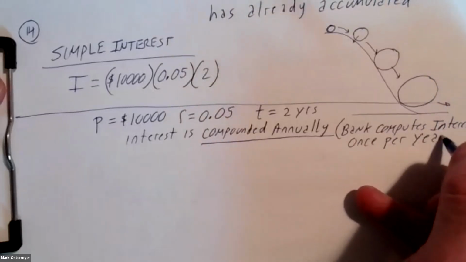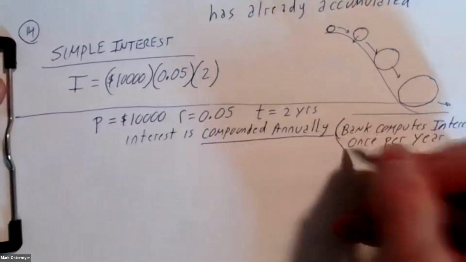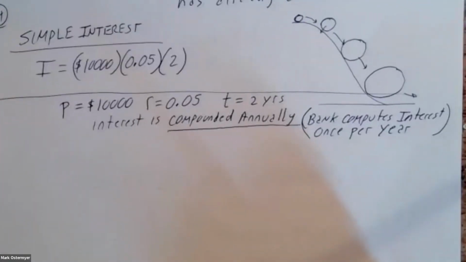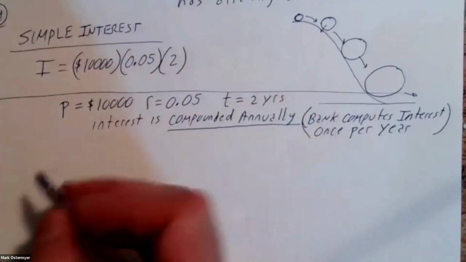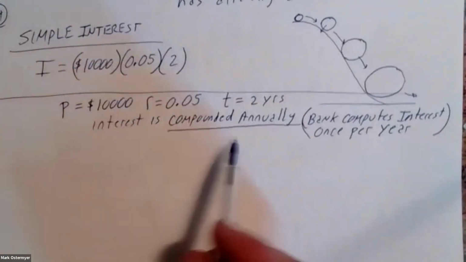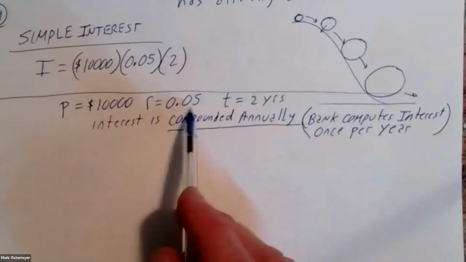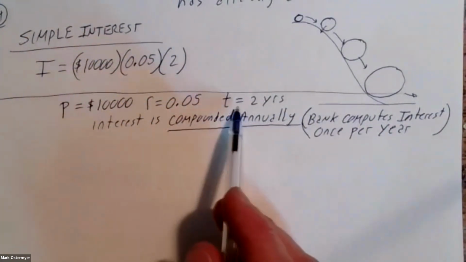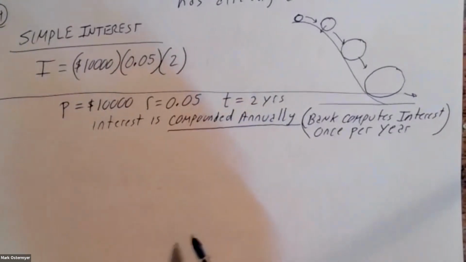The bank actually computes the interest once per year. That's what it means to say that the interest is compounded annually. Annual means one time per year. Yearly, okay? All right, so how are we going to figure out how much money will be in this account at the end of 2 years if we invest $10,000 at 5% interest compounded annually, and we leave the money in the account for a total of 2 years?